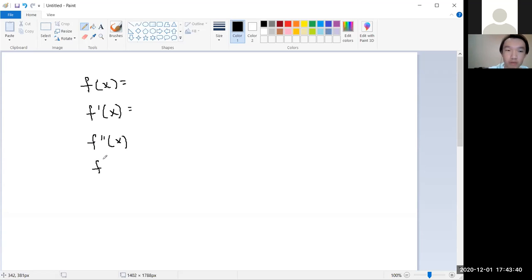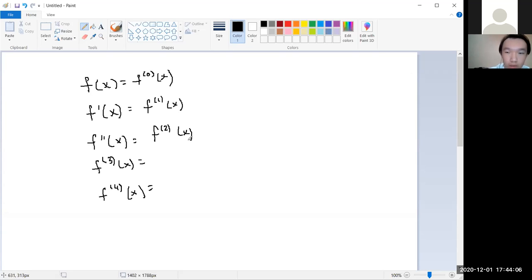So for the third derivative, we usually use this notation, f to the third of x. So that's the third derivative. And then this is the fourth derivative, okay? So this is f to the 0 of x. The first derivative, you can also write like this. And the second derivative can also be written like this, okay? So this is just derivative notation. And then as you go further and further down, you can generalize it to f to the nth derivative of x.